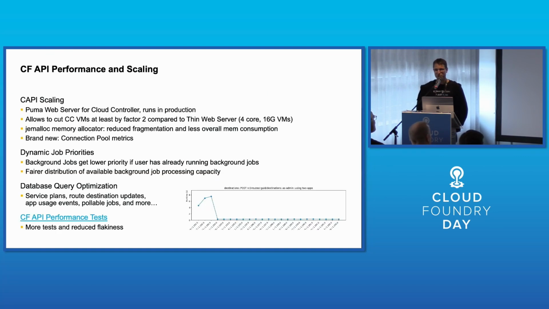CF API performance and scaling, that's my major interest in the cloud controller. We have worked a lot to replace the web server that is used in the cloud controller for the CF API from Thin to Puma. Two reasons here. The first one is that Puma is maintained, in contrast to the old web server. And the second one is that Puma allows running multiple cloud controller processes on one VM.